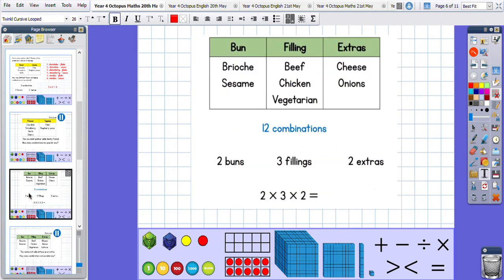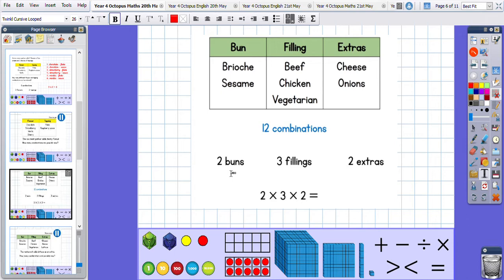Okay, so moving deeper into our questions today, you may have 3 different options to work with. So for this example, we have 2 kinds of buns, brioche or sesame. We have 3 fillings, beef, chicken or vegetarian, and 2 extras, so cheese or onions. So how many possible combinations can there be?